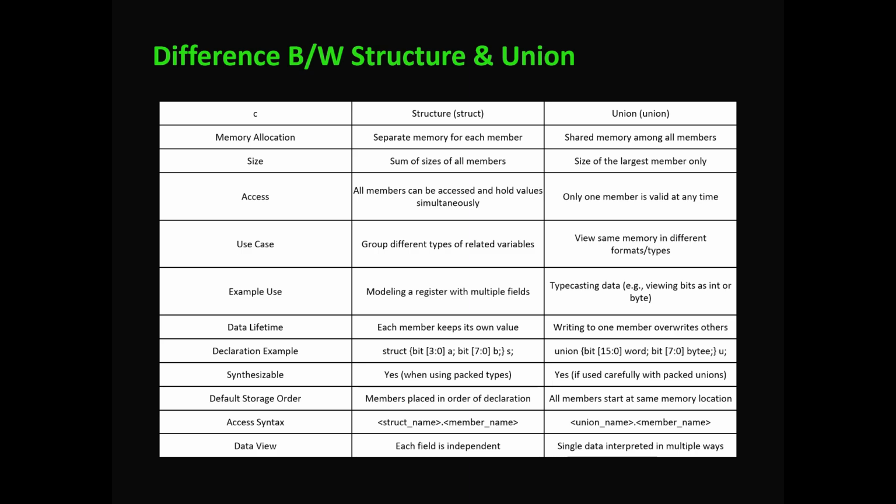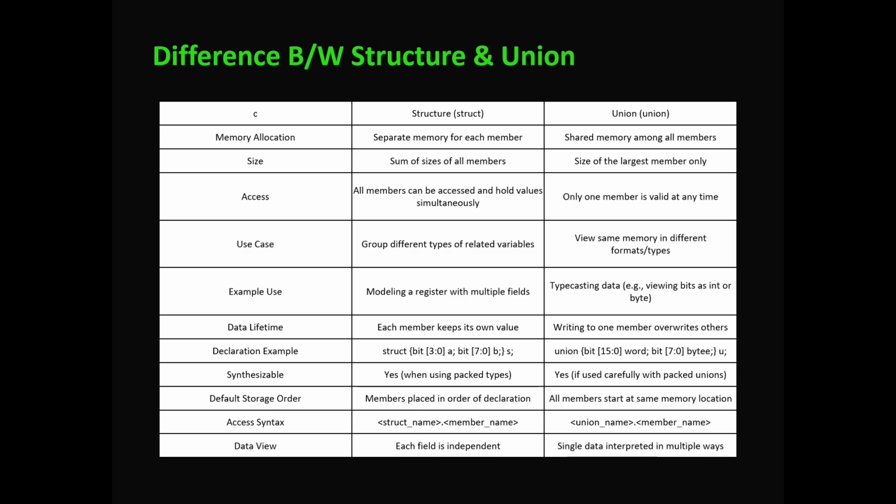All members can be accessed and held simultaneously in a structure, as we have seen, and in a union only one member is valid at a time. Okay. Now use cases. In a structure you group related variables of different data types, and a union views the same memory in different formats. Now what is an example? Modeling a register with multiple fields in a structure, and typecasting data in a union.